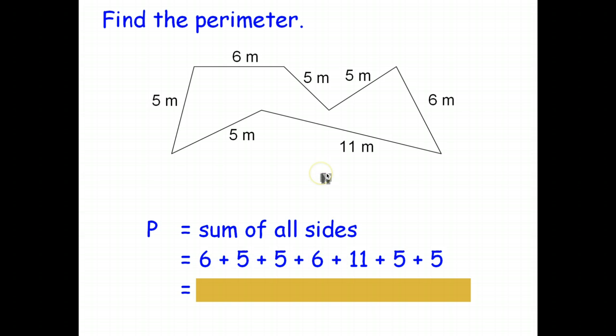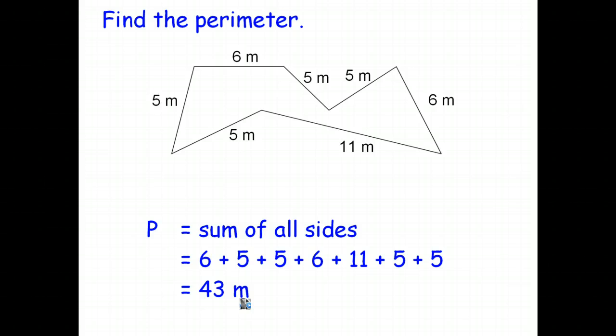So in this case, I'm going to have 6 plus 5 plus 5 plus 6 plus 11 plus 5 plus 5. And finally, I add all those up, and that comes to 43. Don't forget to put the units on the end, so 43 meters. So in general, when you're doing perimeter, or for that matter area questions, it's formula, substitute, and answer. So 3 lines of setting out.